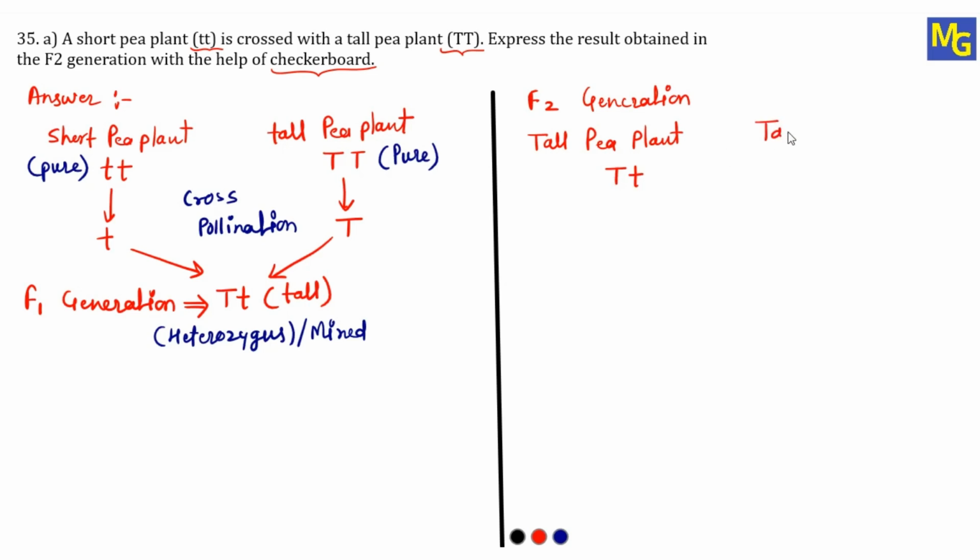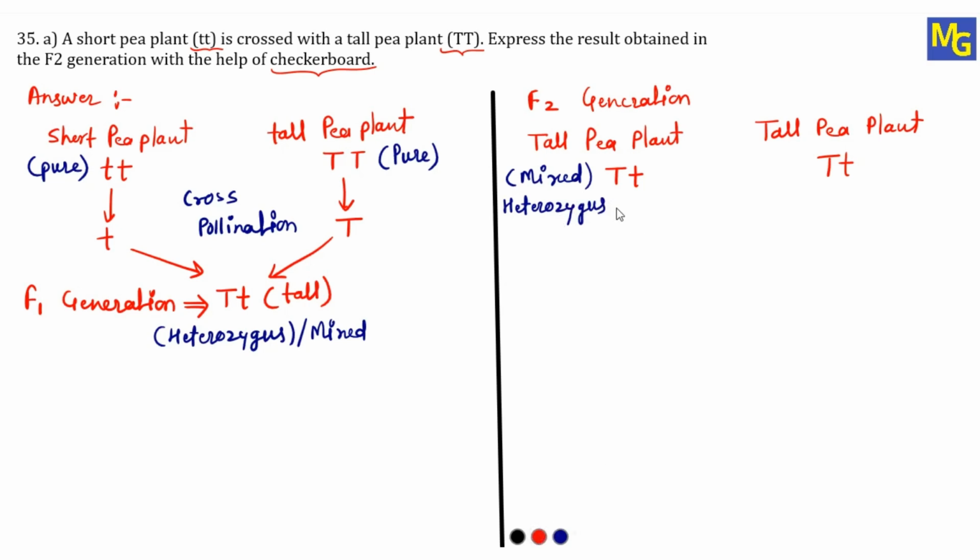Same plant we are going to use. So tall pea plant, once again I'll write it. Capital T, small t. Now see, these are not pure, these are mixed, or I can say heterozygous. I hope now you are understanding what is heterozygous and homozygous.